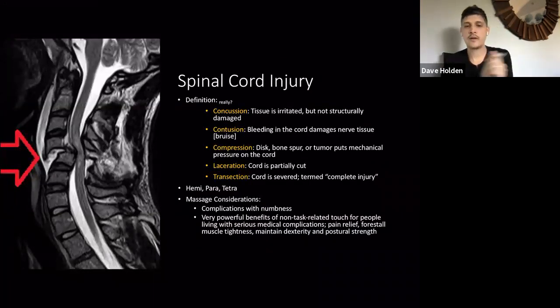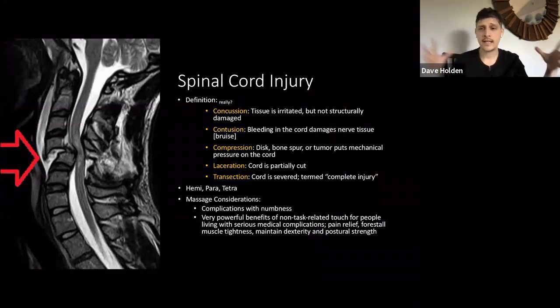So with spinal cord injury, one of the major considerations are the complications due to numbness. Complications due to numbness unpacks a lot of stuff, but generally what we're dealing with is, either due to nerve damage or lack of circulation or whatever the reason, the nerves are less sensitive. So they are not as sensitive to pressure.